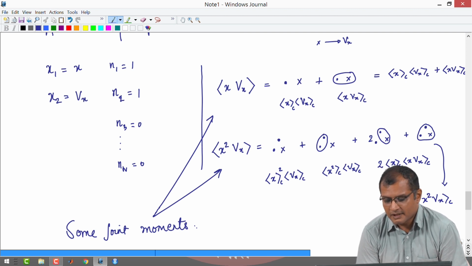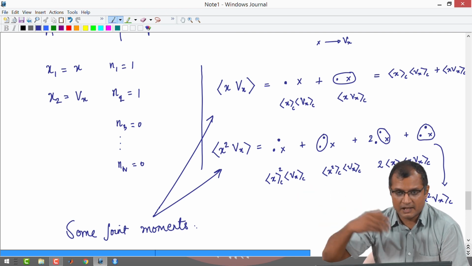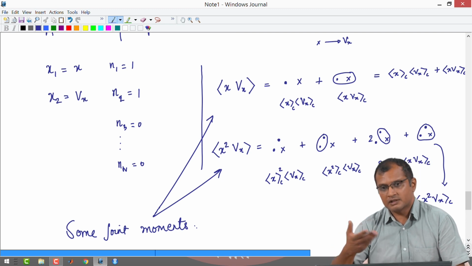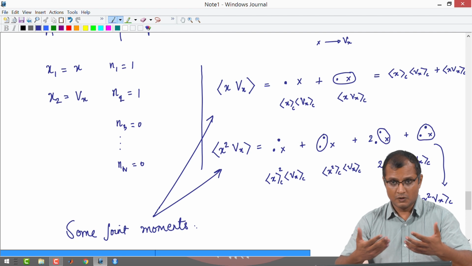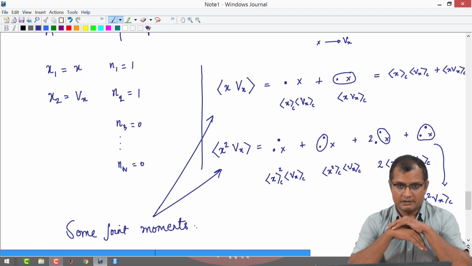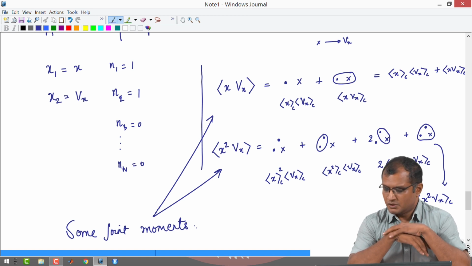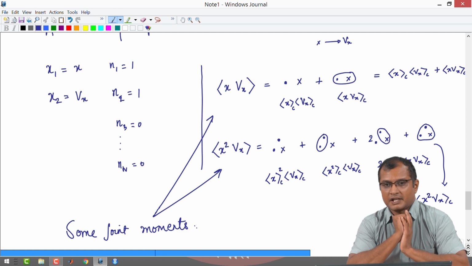If you leave a system isolated for a long time, it will always proceed towards maximum entropy, and because the Maxwell-Boltzmann distribution is a distribution of maximum entropy, you always find equilibrium isolated systems under such a distribution. So we will discuss this in the next class and do some nice problems on this.